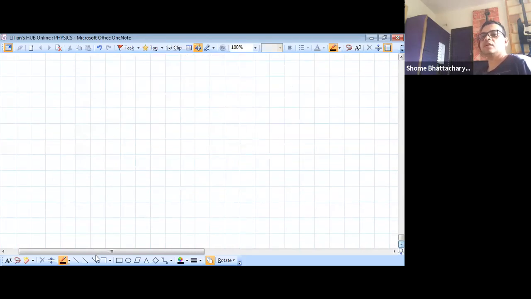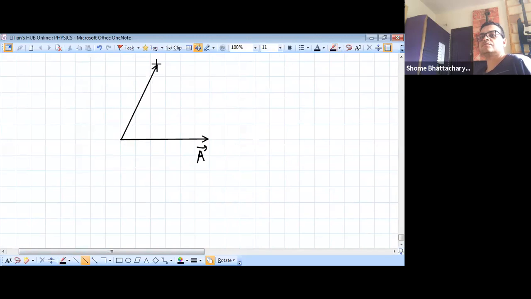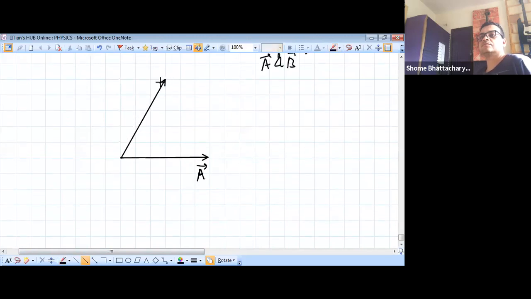So geometrically, what happens is, if your vectors A and B are, suppose, something like this, such that magnitude of A is equal to magnitude of B, which is x, and the angle between them is theta. So mod A is equal to mod B is equal to x.